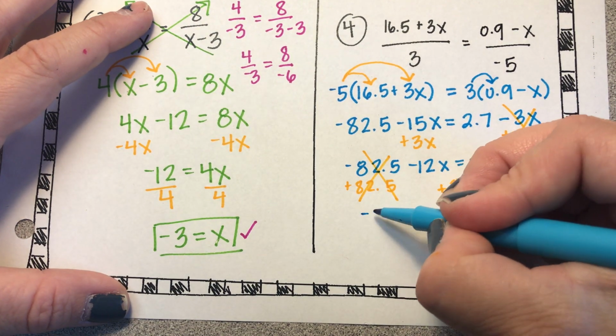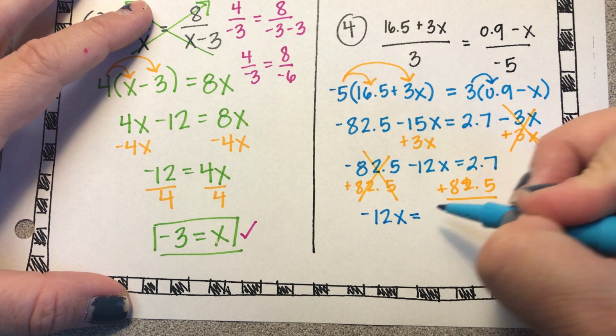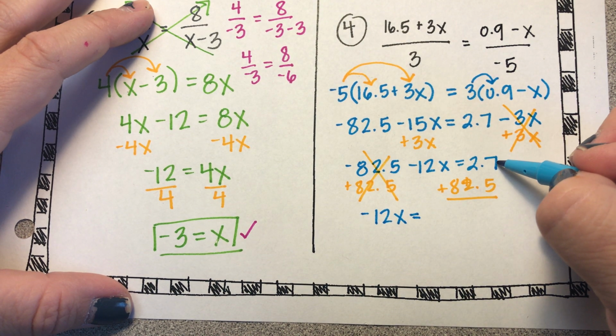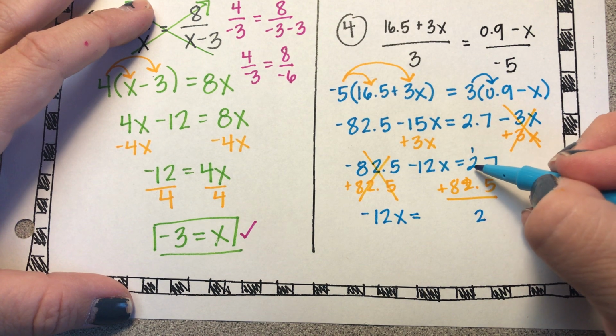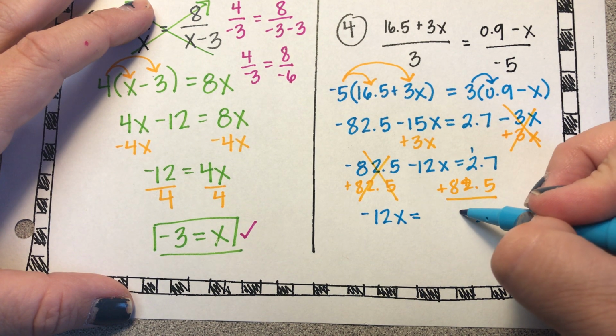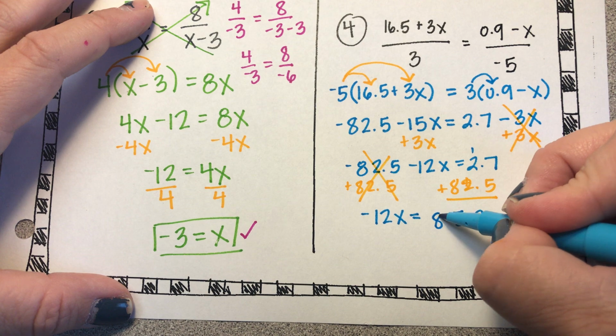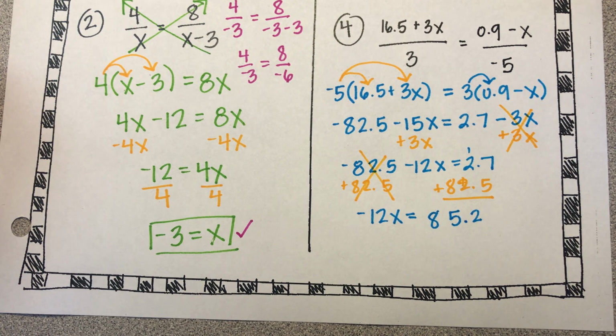and I have negative 12x equals, let's just add it here, 7 plus 5 is 12, 2, 4, 5, 8. So 85.2. And now you're like, what? There's still more.